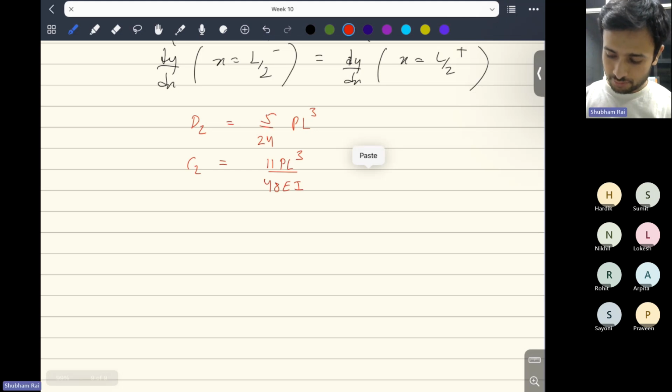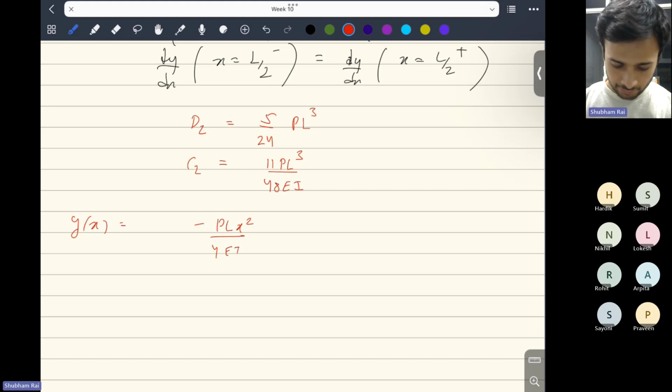Finally, you will get two solutions here. So y(x) will be equal to minus of PLx square over 4EI plus 11 PL cube over 48 EI. And this is valid for x less than L by 2.